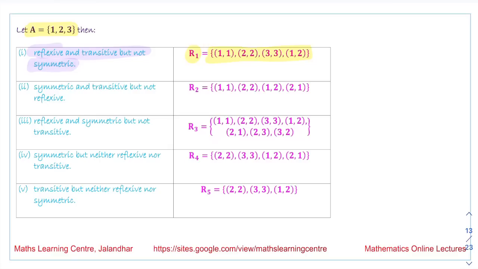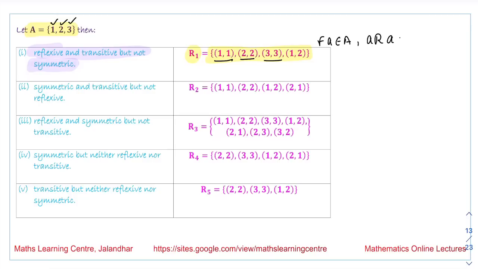So let R1 be the set containing the elements (1, 1), (2, 2), (3, 3) and (1, 2). Then this relation is reflexive because for 1, 2 and 3, the pairs (1, 1), (2, 2) and (3, 3) are there. So for all a belongs to A, a is related to a. It means this relation is reflexive.